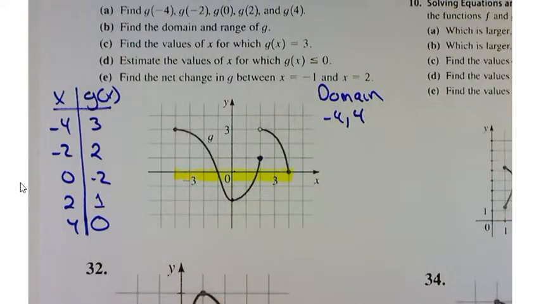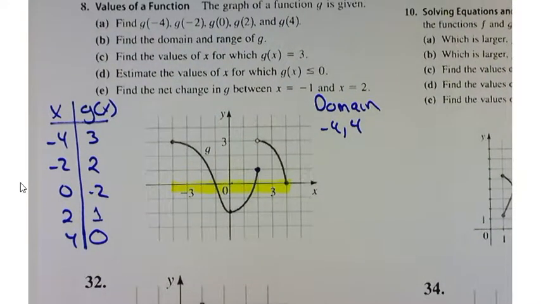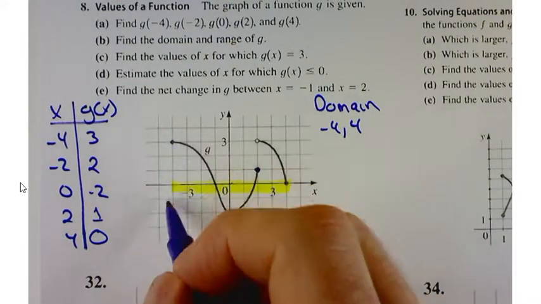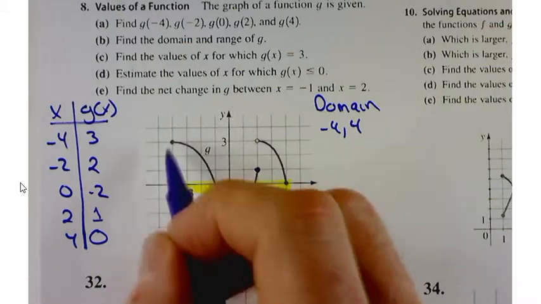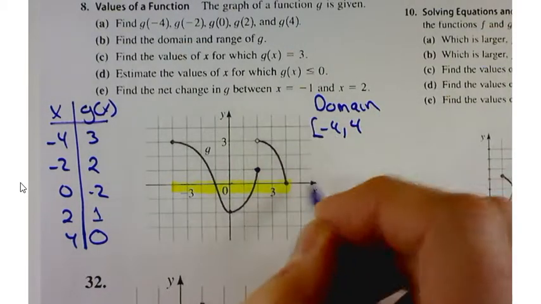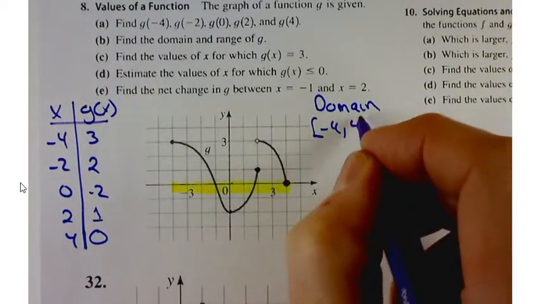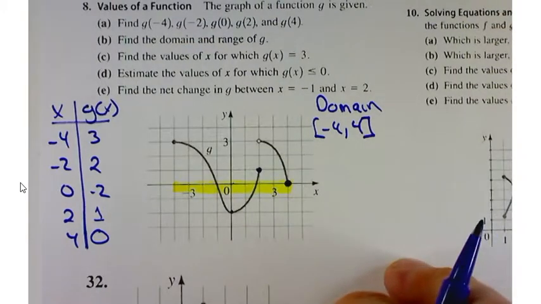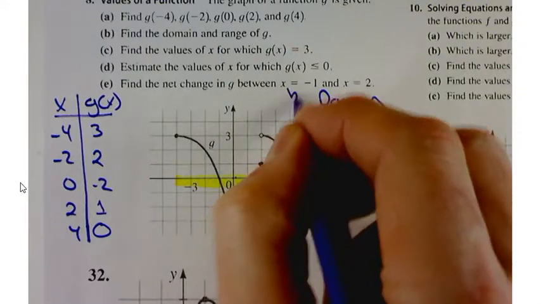Now the important question is, are we going to include the endpoints or no? Should we use brackets or parentheses? Brackets, because this graph does exist at -4, so I'll use a bracket here. And likewise, there's a solid dot here, so I'll use a bracket there. There's your domain. So this is part B.